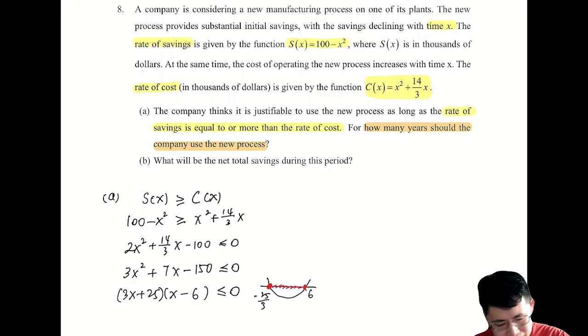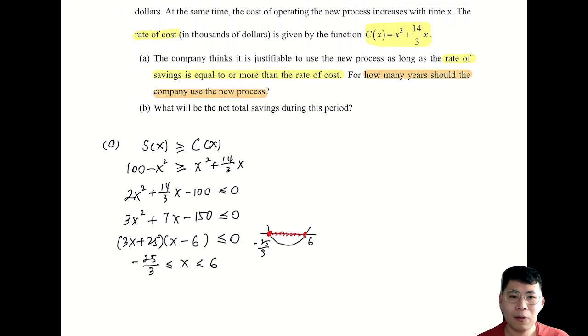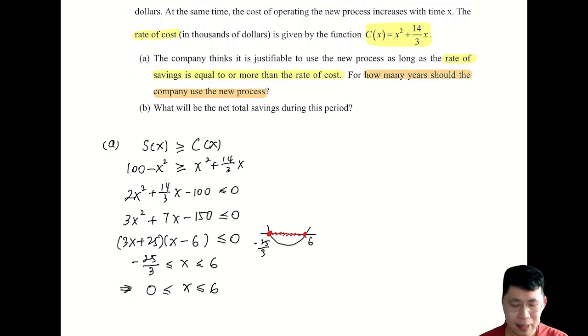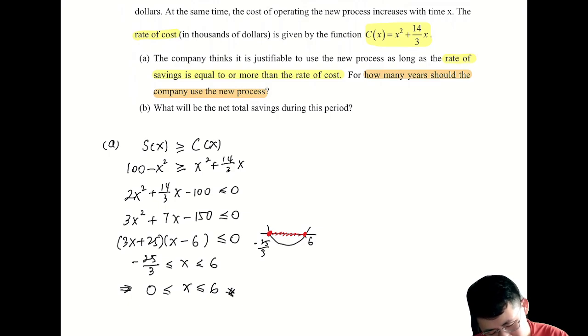So this tells me that my inequality would be between negative 25 over 3 and 6. But when we think again, x is time, and time is always at least 0. So I'm going to restrict this inequality to the final answer where it will be between 0 and 6. So the conclusion is the company should use the new process for 6 years.